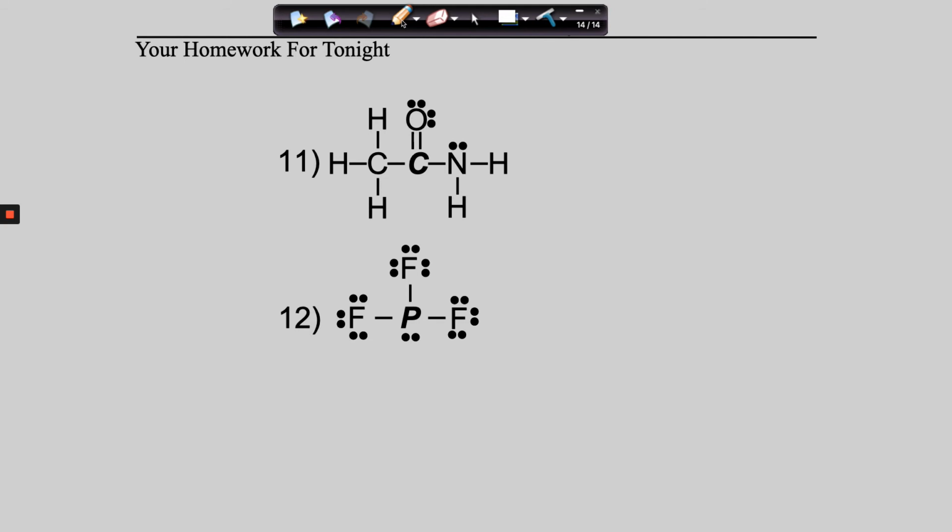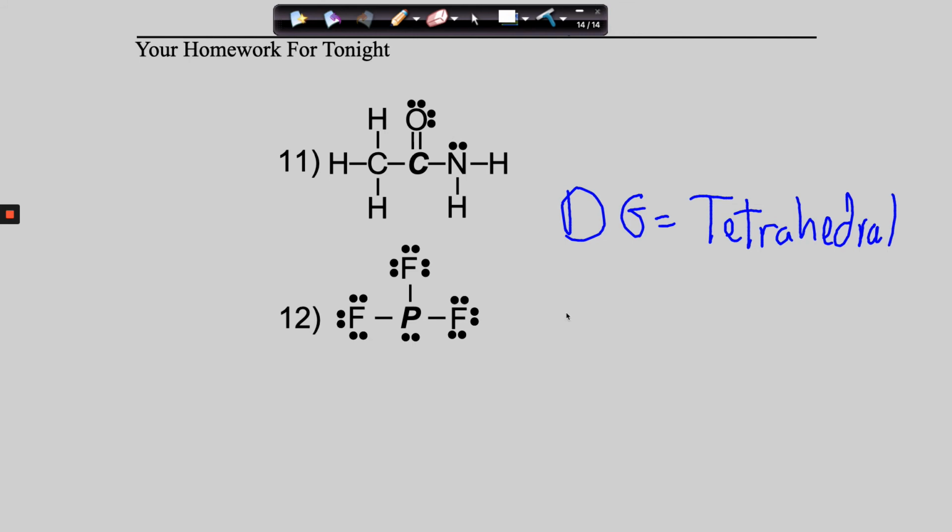So guys, there's 4 domains on the phosphorus. So the domain geometry is tetrahedral. And guys, how many of those domains are bonding domains? 3. So looking at our table then, we're down where there are 3 bonding domains.